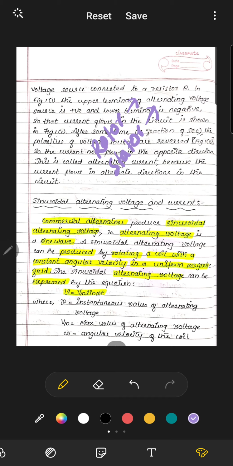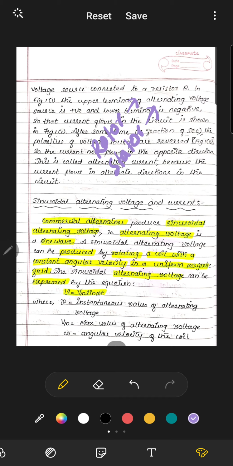We already studied dynamically induced EMF and statically induced EMF, and we saw that whenever a conductor cuts the magnetic field, an EMF is induced. That is the principle we use in this sinusoidal alternator or commercial alternator.